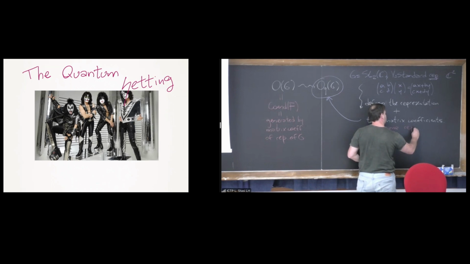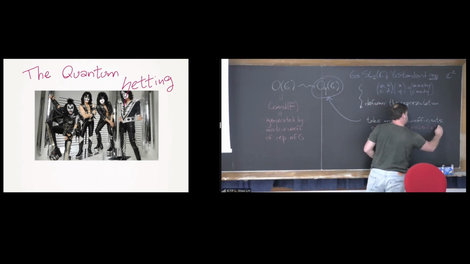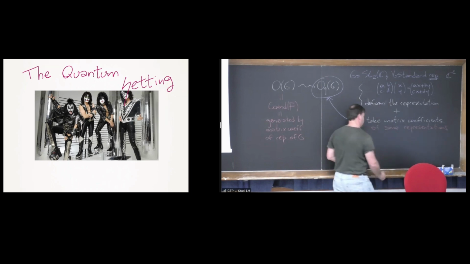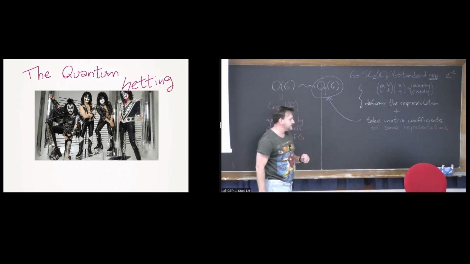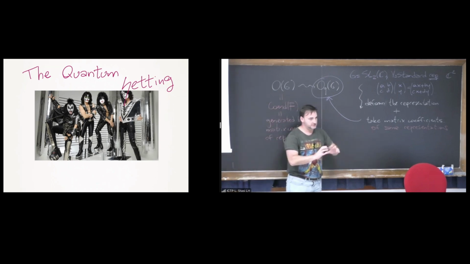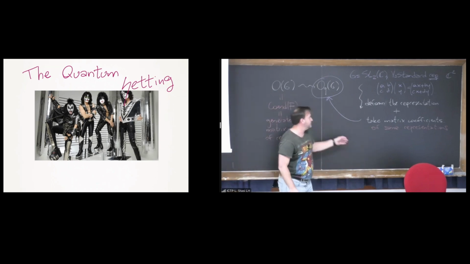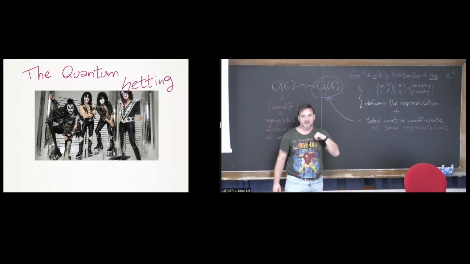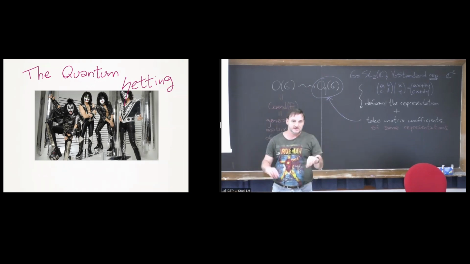But only of some representations, because if not, we get in trouble. The good representations are the ones that are good in the classical case. We need some properties of the classical case without quantum things, and to keep these properties, we have to restrict our representations. And then we take matrix coefficients, and then voila. This can be done more or less for any group.